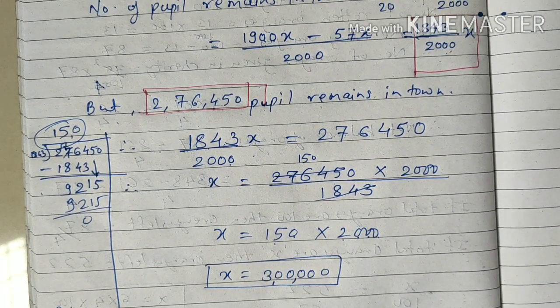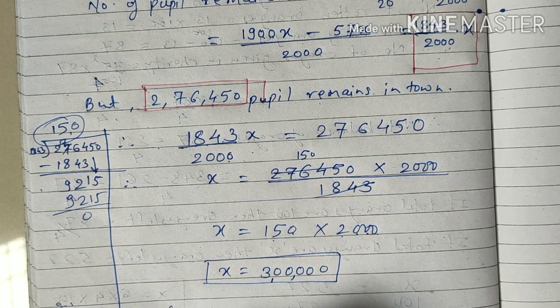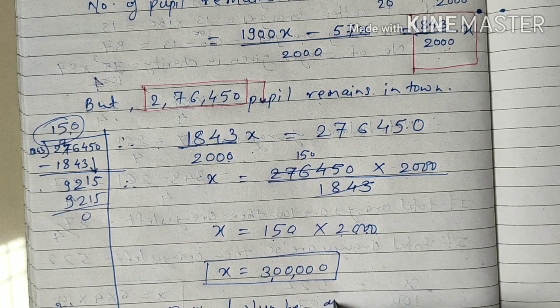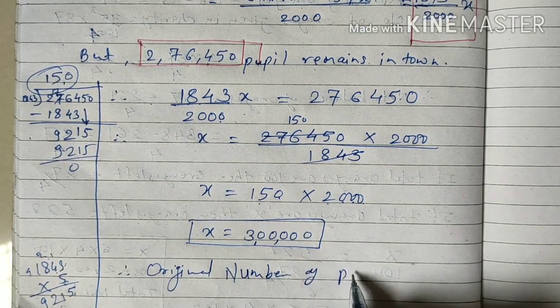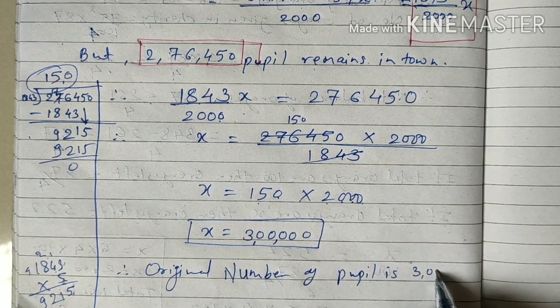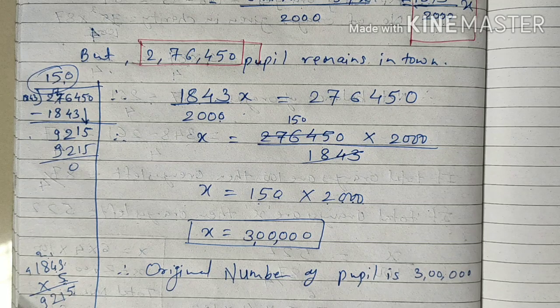So our question is find the original number of people. Therefore, the original number of people is 3 lakhs. Got it? Understood everyone? Okay.